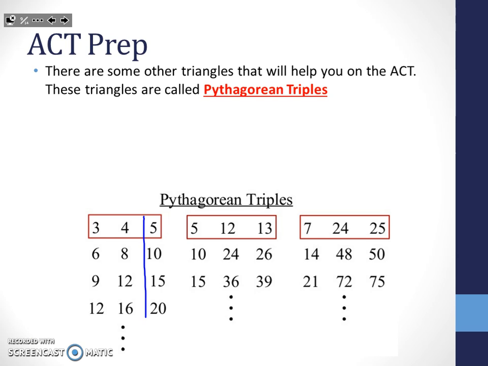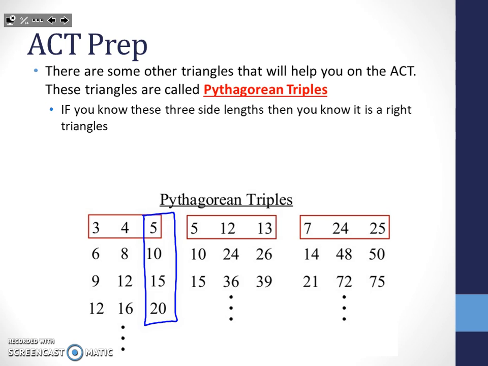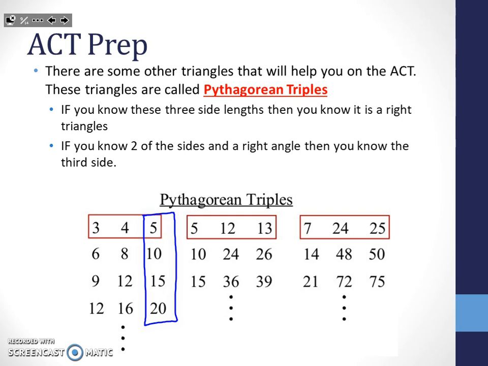If they're a right triangle, my biggest side would have to be the hypotenuse. Essentially, if I know these three sides, I know it has to be a right triangle, and if I know 2 of the sides, then I know the third side immediately. So it's helpful to have these memorized to help you get quicker when you take your ACT test.